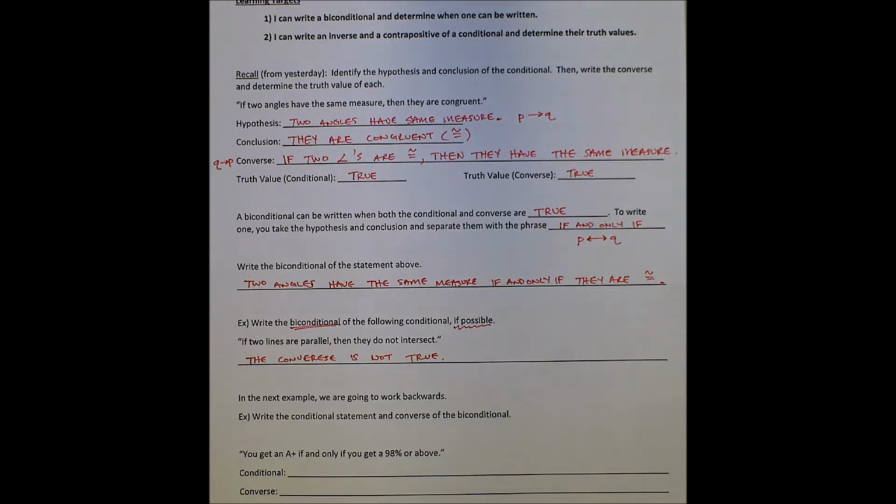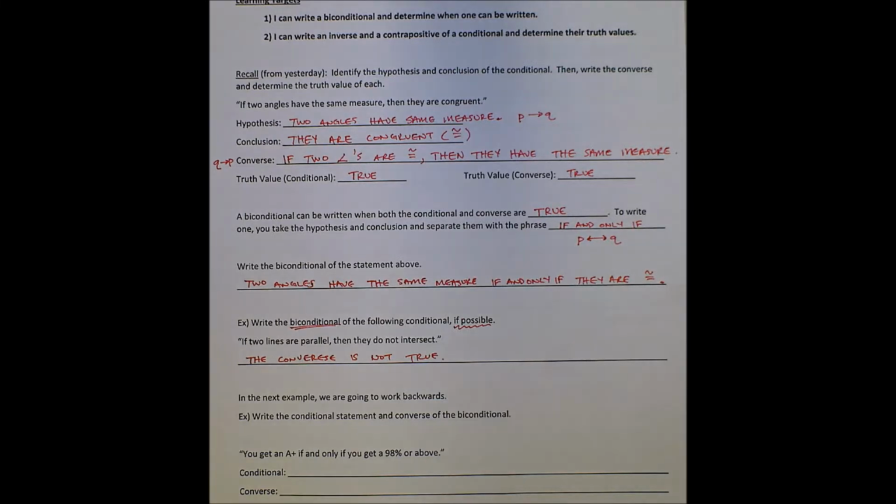Alright, in the next example, we're going to work backwards. It says write the conditional statement and converse of the biconditional. So we have, you get an A plus if and only if you get a 98% or above. Since we have the biconditional, we know that both the converse and the conditional are going to be true.